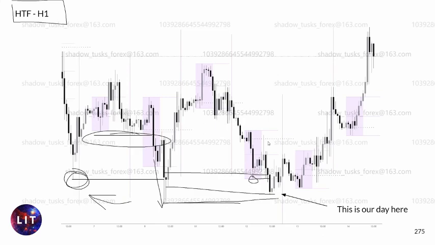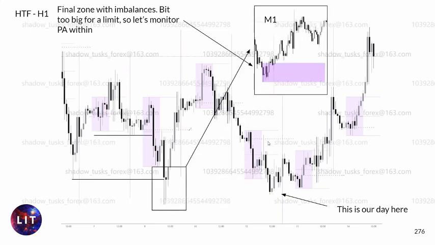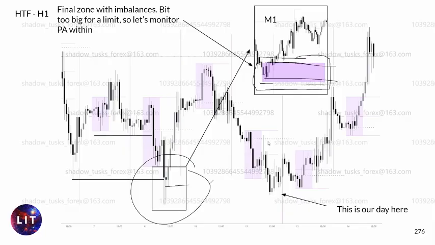So let's have a little look. When we zoom into this, we can see that at the lowest point, this is our final imbalance zone, and it lines up with our final demand zone right here. So what we can do is take this zone and bring it to the left, and this could potentially be our entry approach 1.